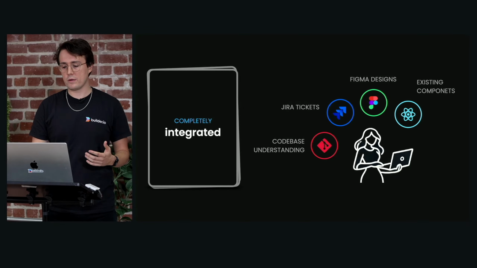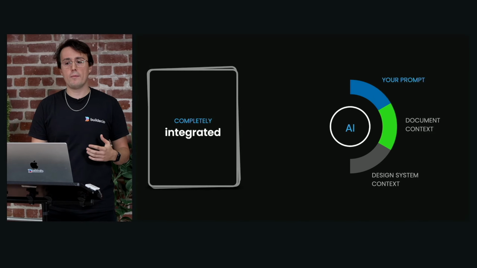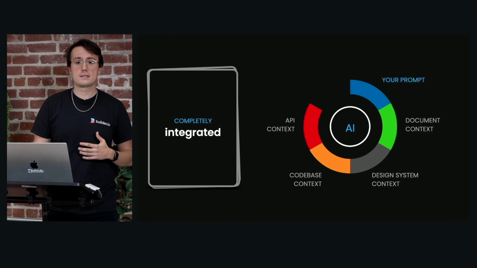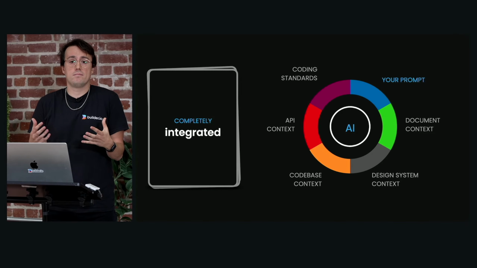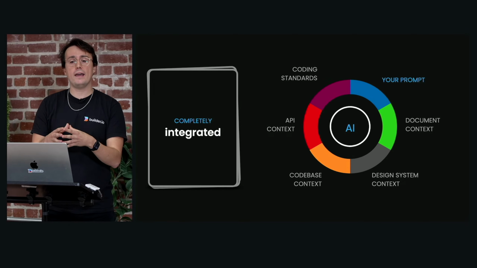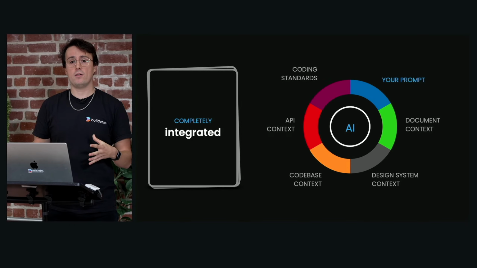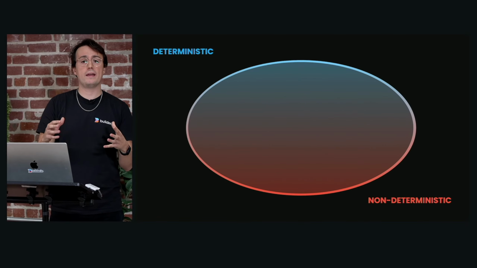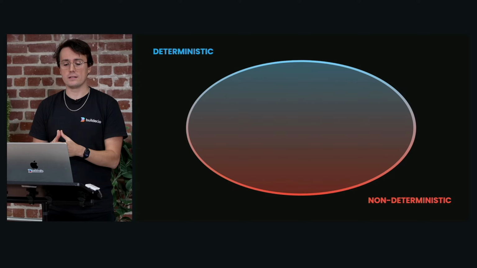For AI, it's very similar. The prompt is a very small thing. You have the context of the document, design systems, code base, APIs, and the code styles. And I want you to think about AI here, not just as an LLM, but as a whole architecture of things. And that's what I'm going to try to explain here, what we have done at Builder.